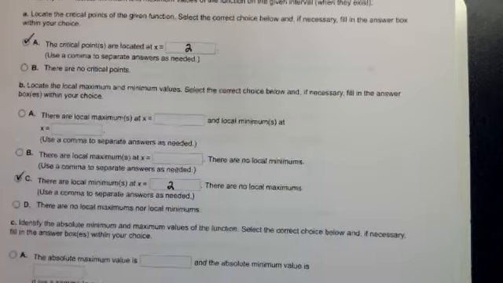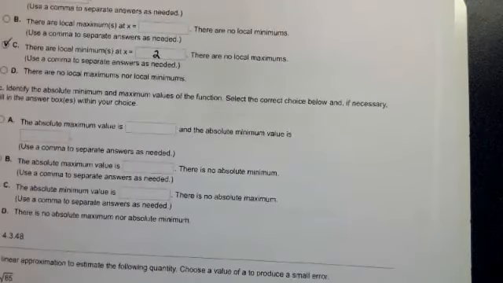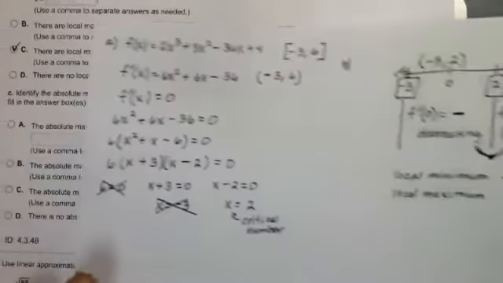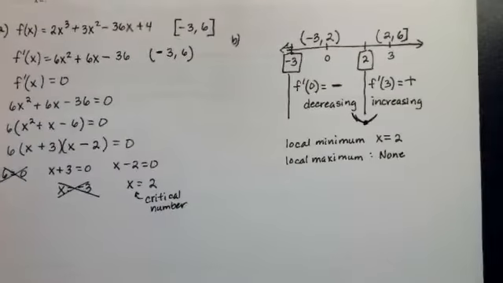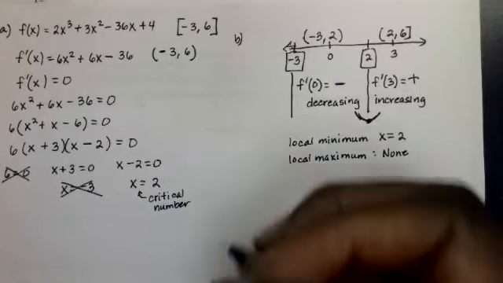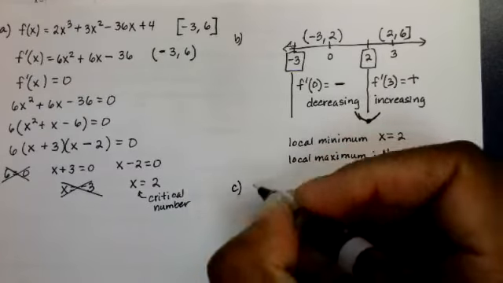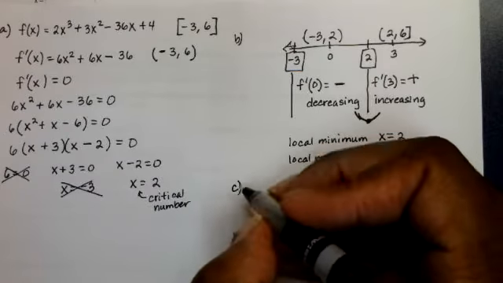All right, part C is to identify the absolute maximum and minimum values of the function. We have to use the original function f of x is equal to 2x cubed plus 3x squared minus 36x plus 4 to identify the absolute maximum and absolute minimum.